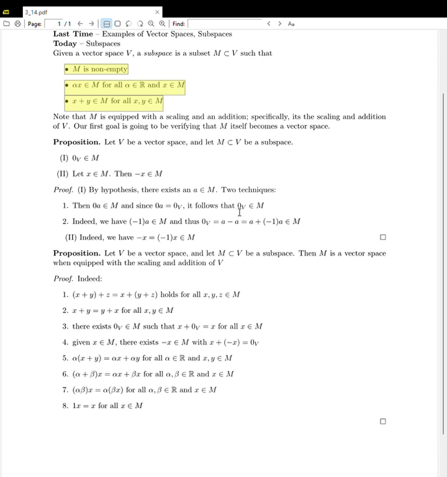Nice. So this gives us a much more efficient and simpler way of establishing certain vector spaces. All right, so equipped with this, let's get some examples of vector spaces.